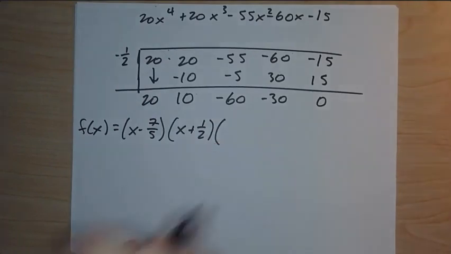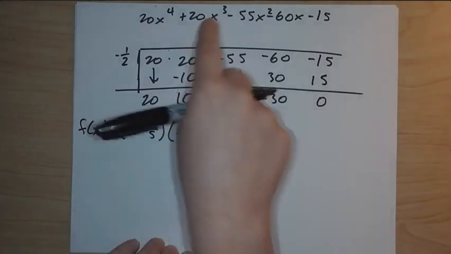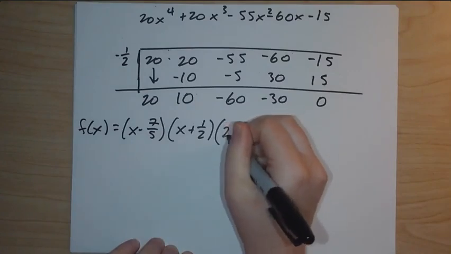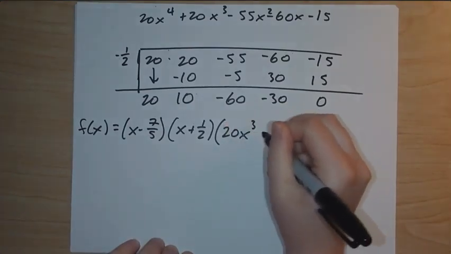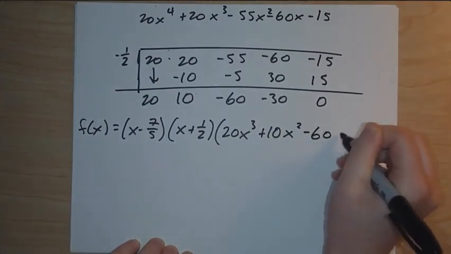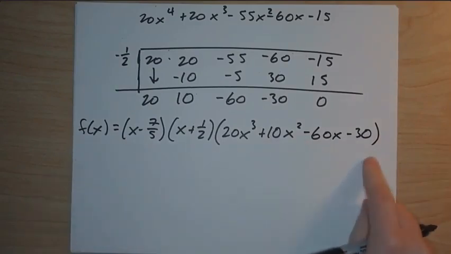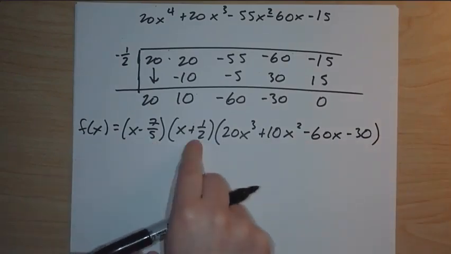We've taken out two x's, so it's going to start with x to the third. So this is 20x to the third plus 10x squared minus 60x minus 30. So this is another way to rewrite f of x. We've taken out two zeros now.